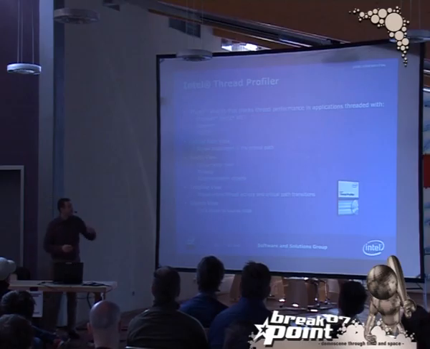It also has various other views. It will give you a view of the concurrency level you're achieving, so that's how many threads are active at the same time. It'll give you information about the impact from synchronization objects and show you which synchronization objects were causing the impact.